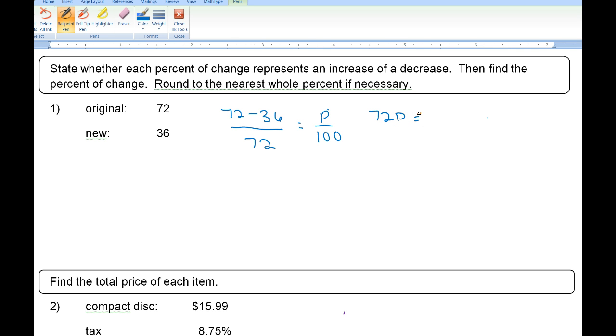What's 72 minus 36? 36. What's 36 times 100? 3,600. And then divide by 72.